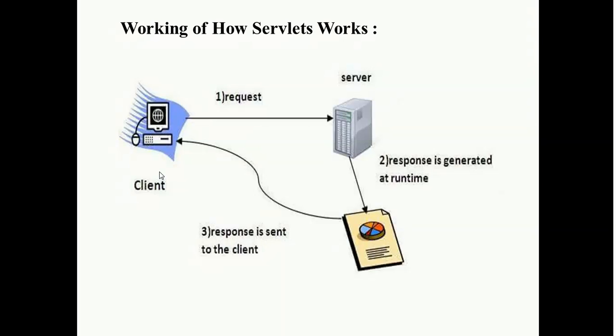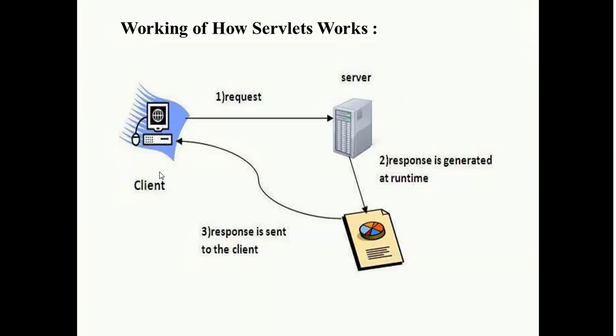First, the client makes a request for some servlet, and it uses the web browser for sending a request in the form of a URL. Then the web browser sends the request to the web server, and the web server first finds the requested servlet.